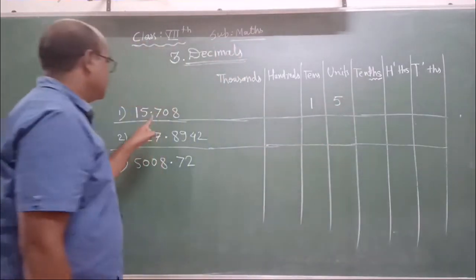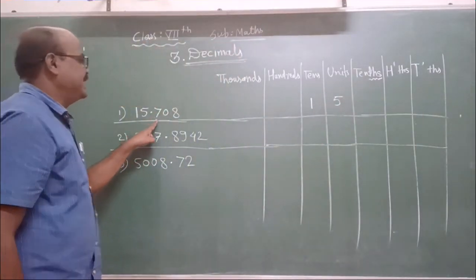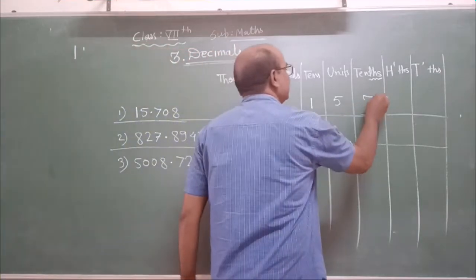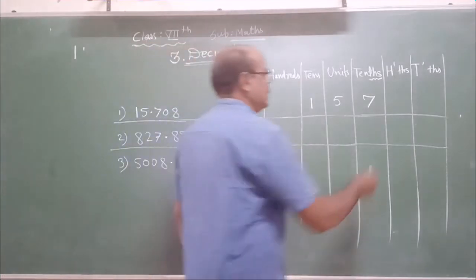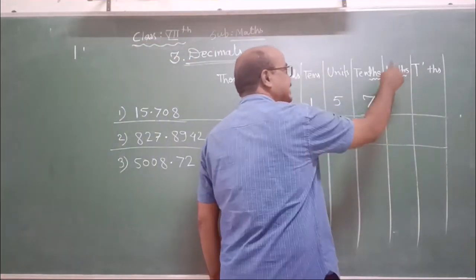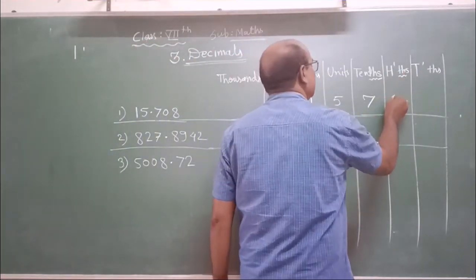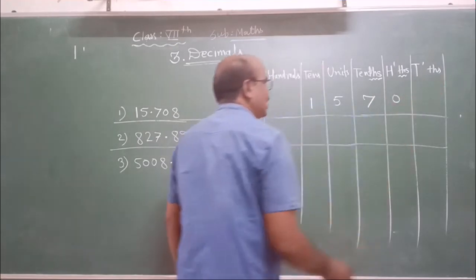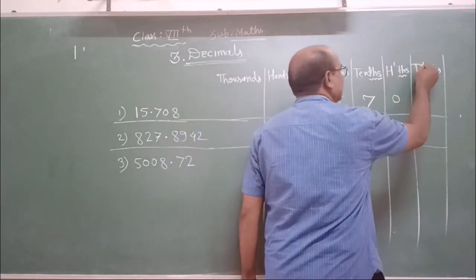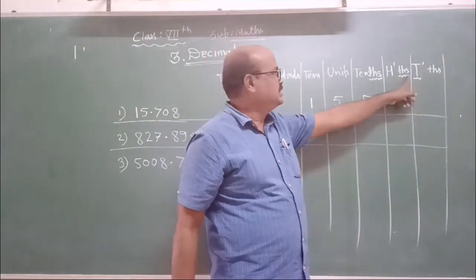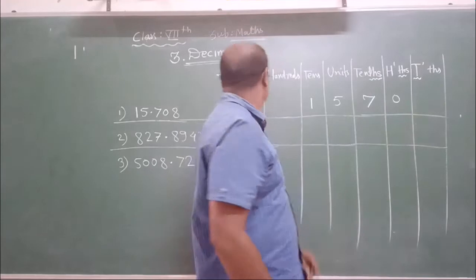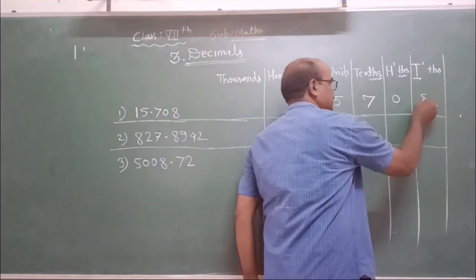So at tenths place, 7 is here, right? At hundredths place, 0 is there, and at thousandths place, 8 is there.